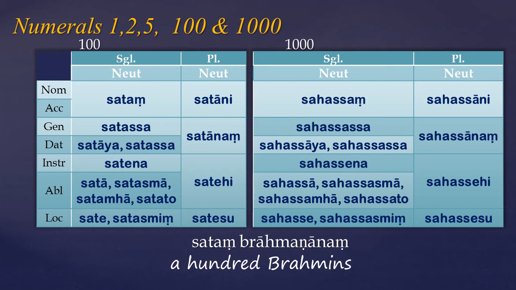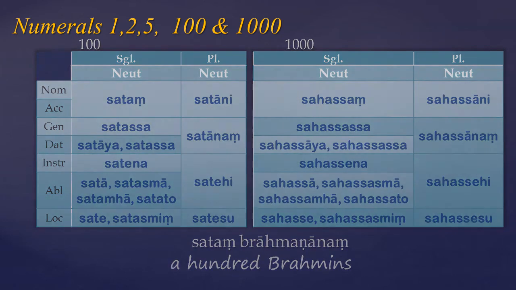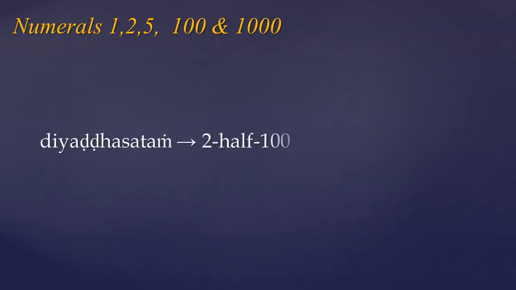But importantly, they never change gender. So these all mean 100 Brahmins. And when Dvanda compounds are formed with these numbers, quite often they imply a multiplication. So diyaddha satam is literally 2 minus a half multiplied by 100, or 150.